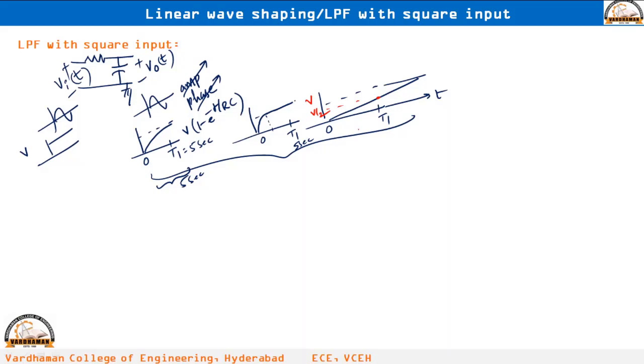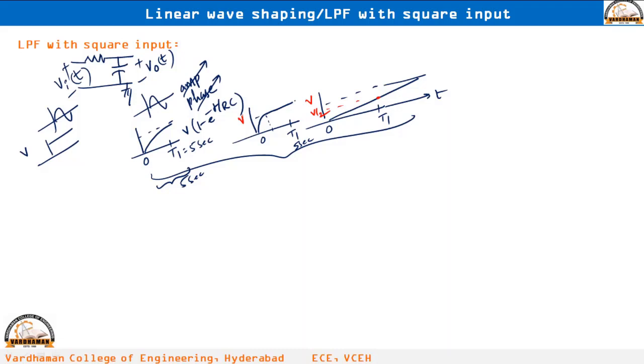In the second case, before 5 seconds the output reached V volts. In the third case, even after completing 5 seconds, the output did not reach V volts. So, to reach V volts in the third case, it took longer than T1.